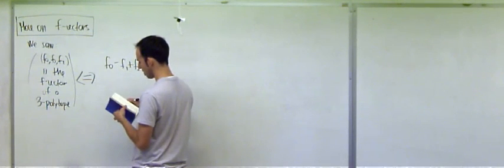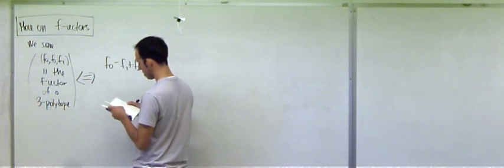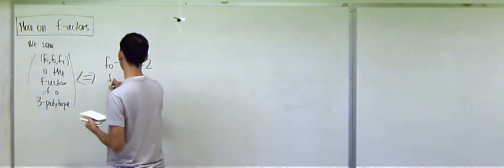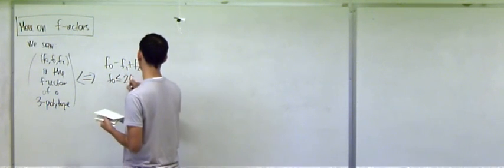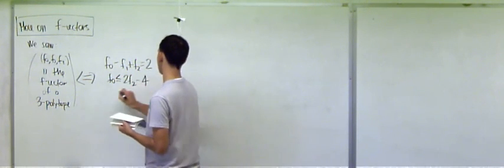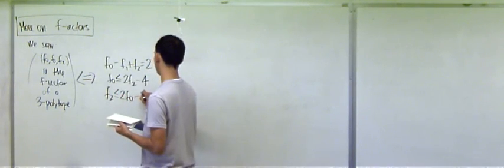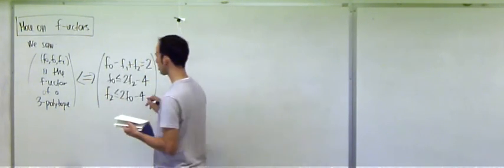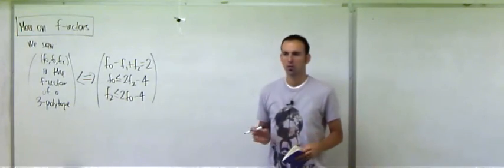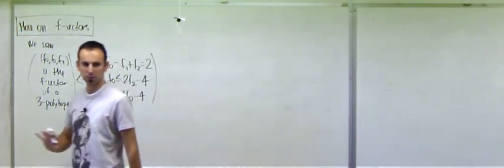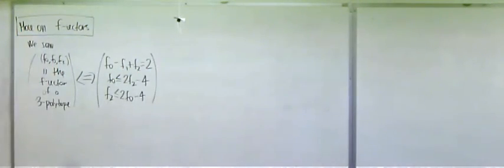Make sure I get the direction of the inequalities right. f0 is less than or equal to 2f2 minus 4. And f2 is less than or equal to 2f0 minus 4. So in other words, we fully understand three-dimensional f vectors.